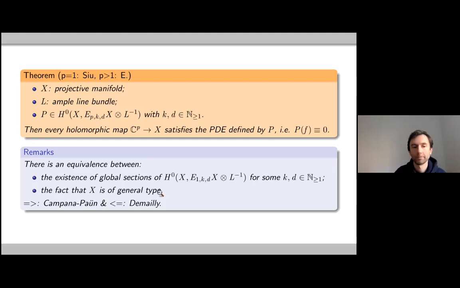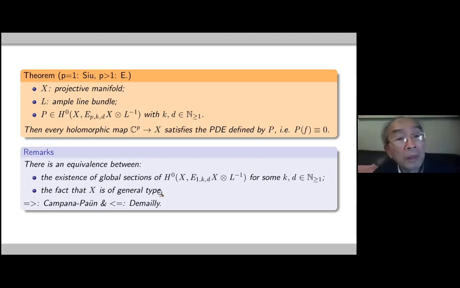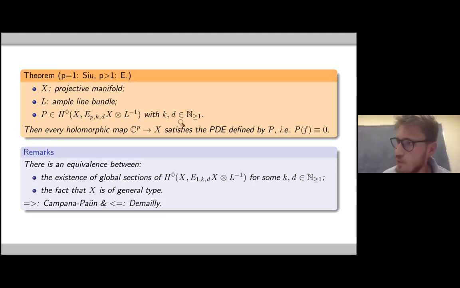May I ask a question too? Just continue with Alexei's. Without an example for X, L, and P, how do you know that the statement is actually correct other than from your proof? Well, what do you mean?